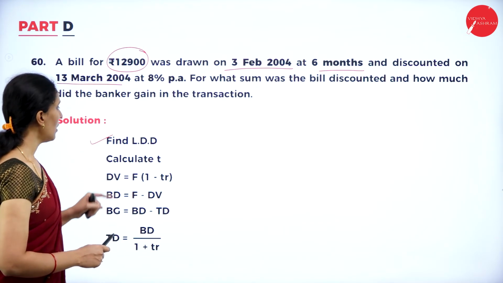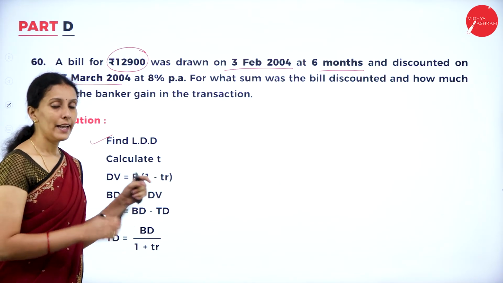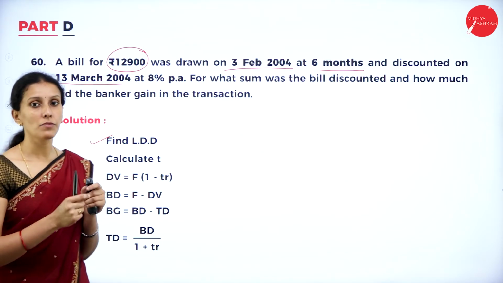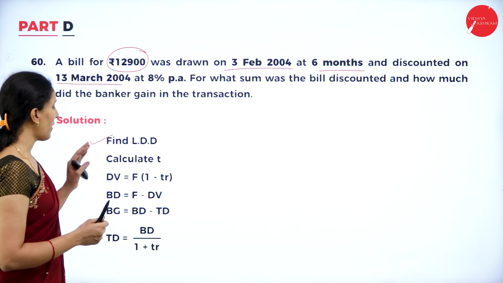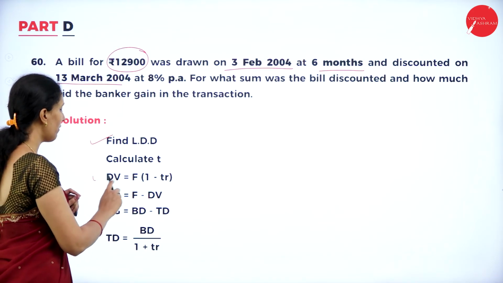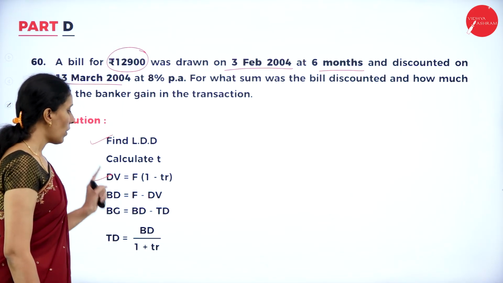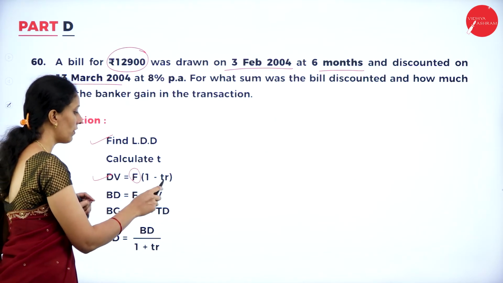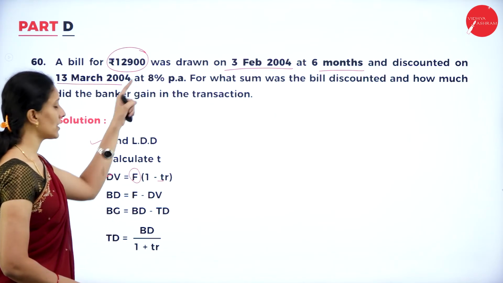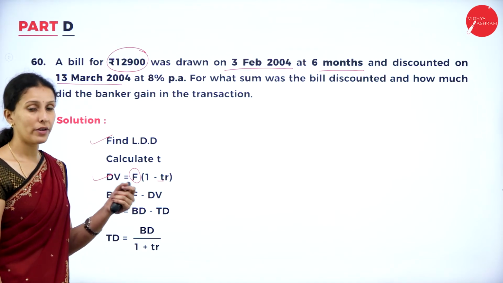So here after finding LDD, calculate the time in terms of days, then convert the time in the form of a year. After you find T, you can clearly find out the discounted value. Once you find out the discounted value, you have a face value, you will find T. The rate of interest is given as 8%, which is 0.08.